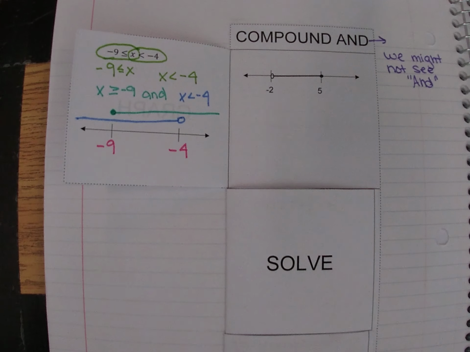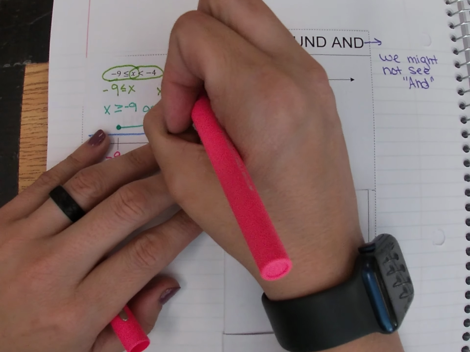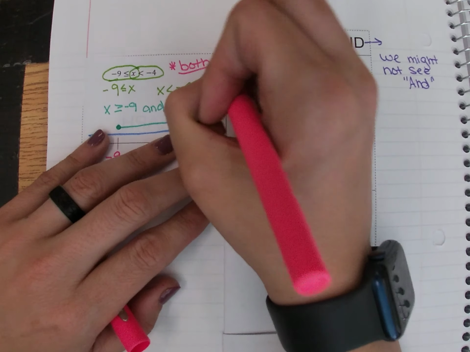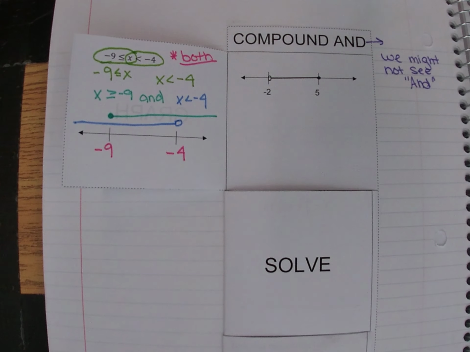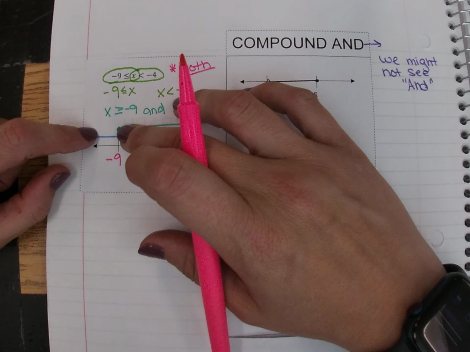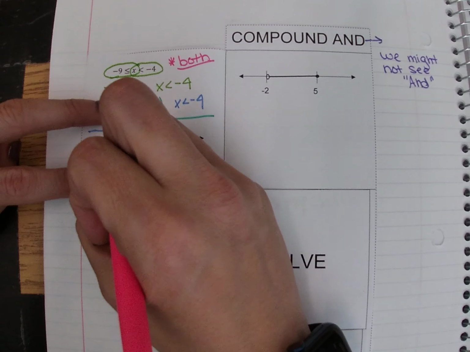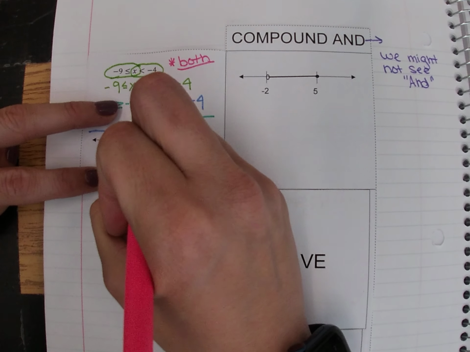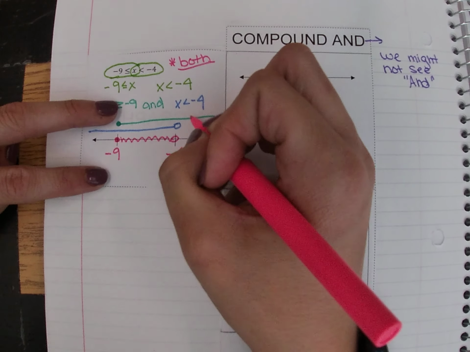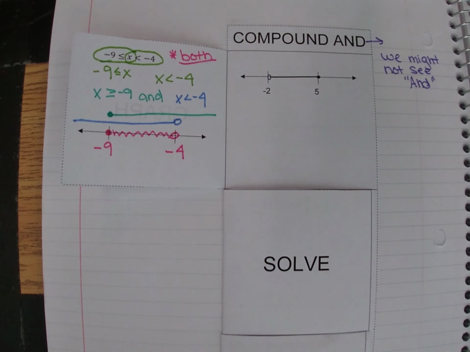For compound and, if we get one and the other, it means that we get both. So we need to be looking for anywhere that we see both of them. If I look over here in this section, I only see the blue, so that's not both. If I look in the middle, I do see both. If I look over here on the right, I don't see both, and so my final answer is just this in the middle.